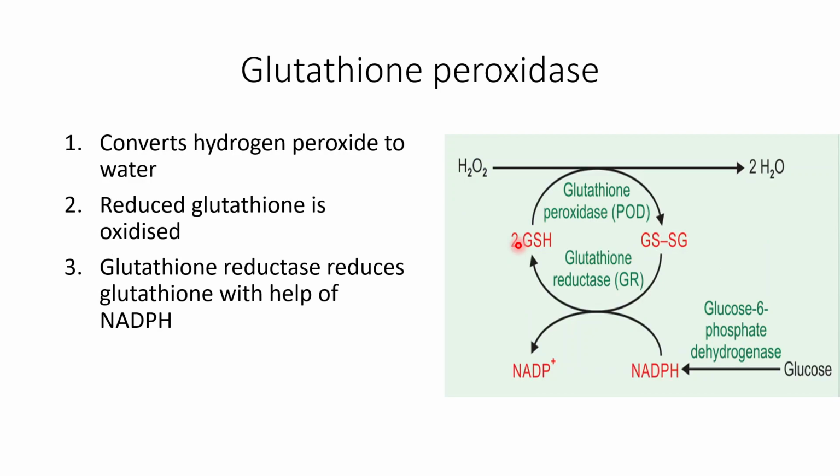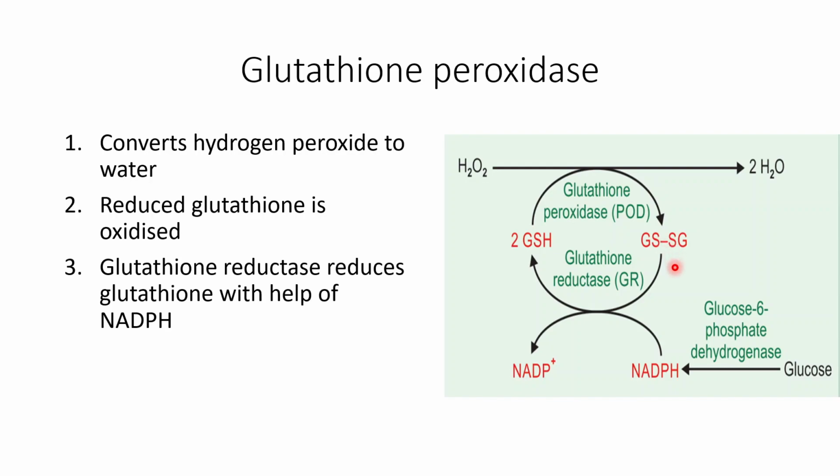Glutathione peroxidase converts hydrogen peroxide to water. Hydrogen peroxide was previously acted upon by catalase; now we also have glutathione peroxidase, which acts on hydrogen peroxide and converts it into water. In the process, glutathione peroxidase utilizes glutathione, so the reduced glutathione is converted to an oxidized form of glutathione. This oxidized glutathione needs to be converted back to reduced glutathione so that it can be utilized again.